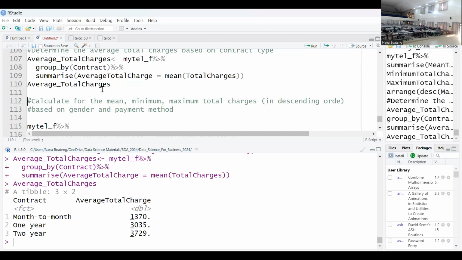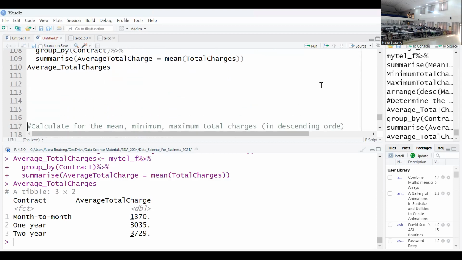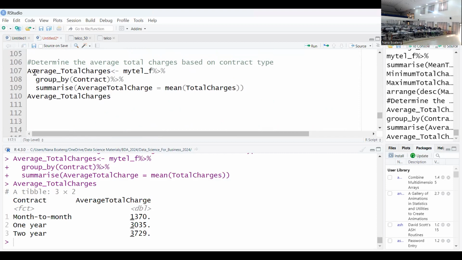So adjust the code a bit. You can copy and paste and then adjust the code a bit to give us the minimum, maximum. So that means you are going to have 3 columns: average, minimum, maximum. Okay, can you do that?